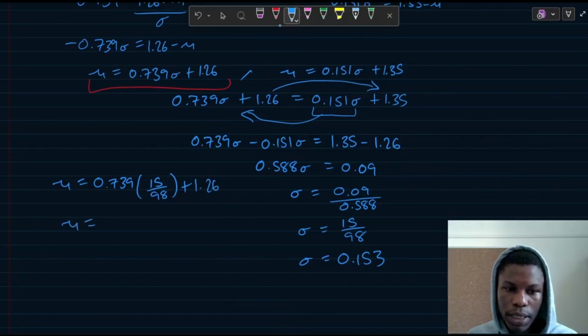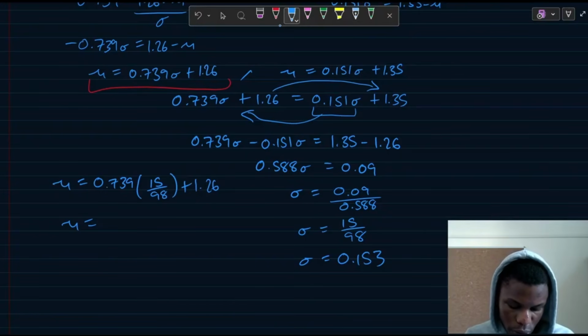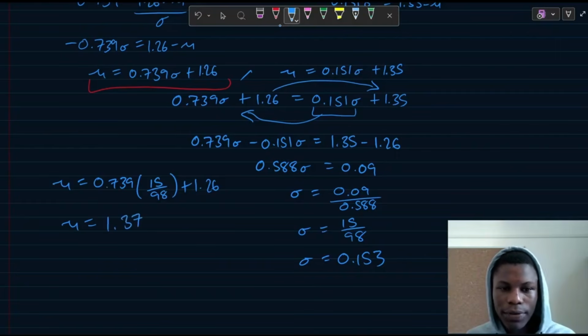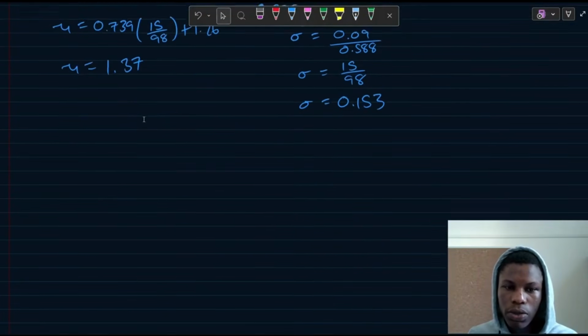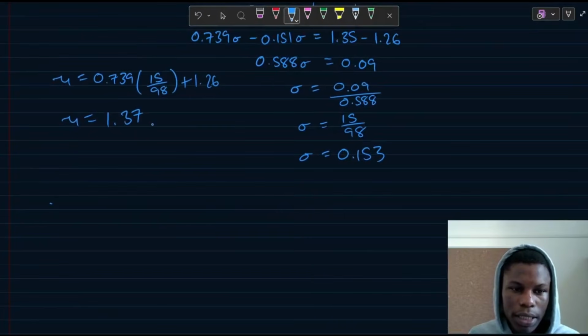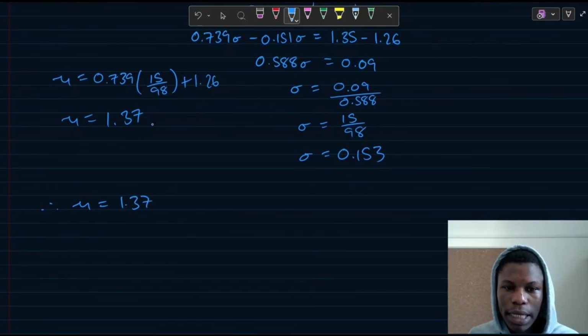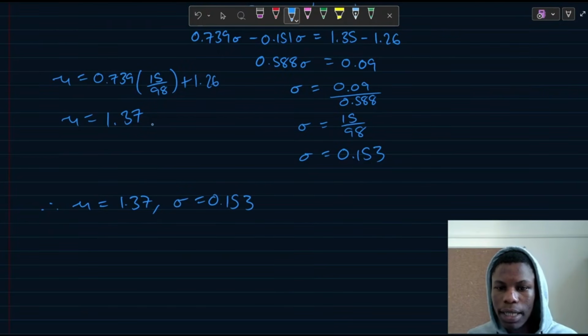So mu is equal to 0.739 times 15 over 98 plus 1.26. And that gives us 1.37, correct to three significant figures. So we can conclude that therefore mu is 1.37 and sigma is 0.153. And that will be the final answer.